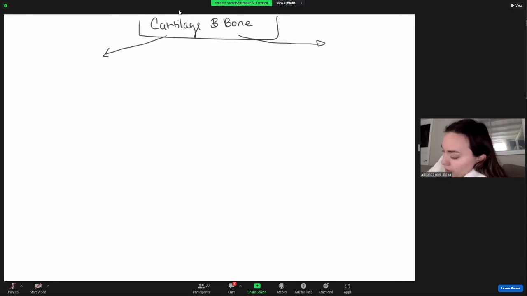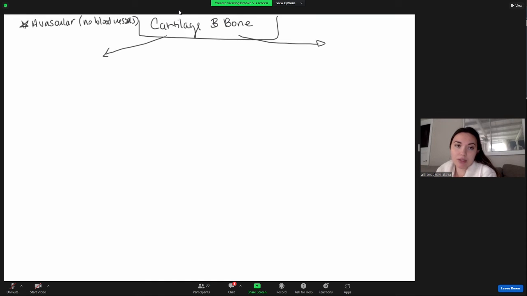So when we talk about our cartilage, the first thing we're going to say is some characteristics, and I'm going to just write them up here. So cartilage is avascular. Cartilage does not have any blood vessels. Just to be very clear, because this was really confusing for me on my exam, no blood vessels are found in the cartilage itself.